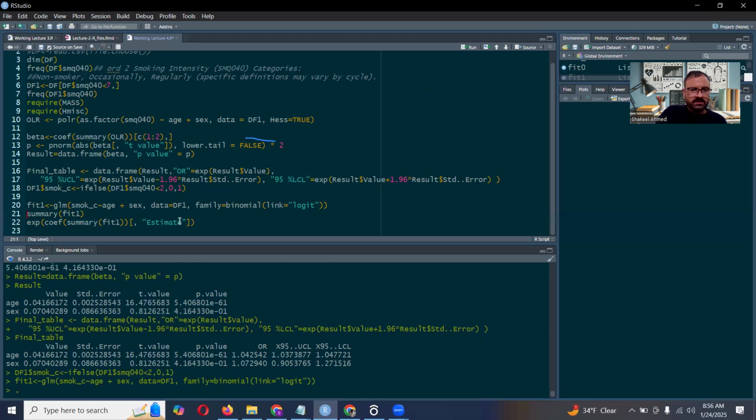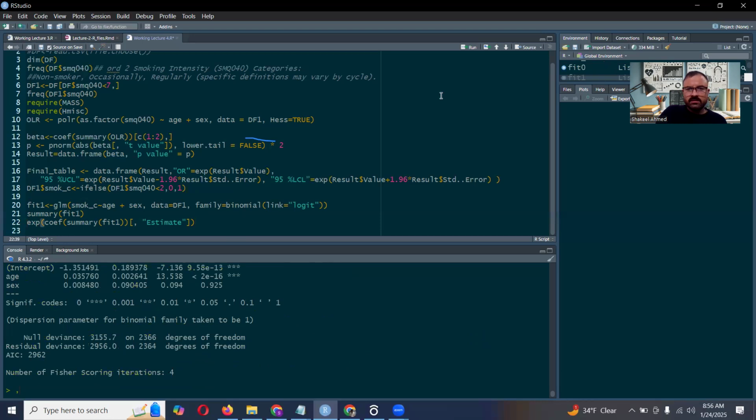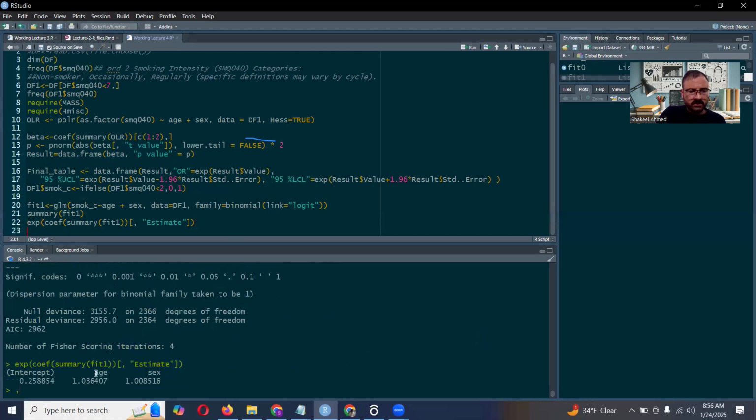You can use logistic regression and then the summary of the fit, and you will get the coefficients or the ratio. So again, it is almost 1.04.